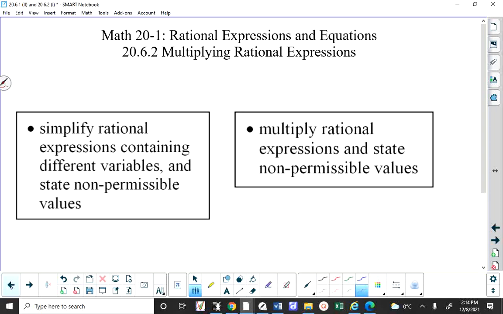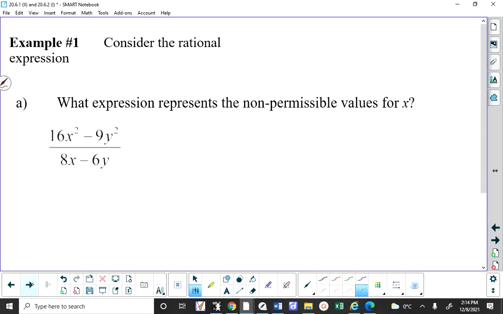But I'll tell you what, the only difference basically between multiplying two rational expressions and simplifying a single rational expression, which we learned yesterday, the only difference is one of volume. There's just more work to do, but you're doing the same work. Okay. So to begin with here, this is weird. We've got a rational expression which is 16x squared minus 9y squared over 8x minus 6y.